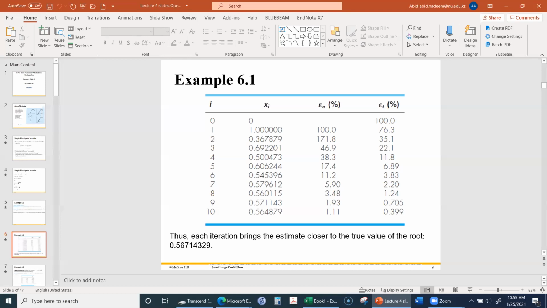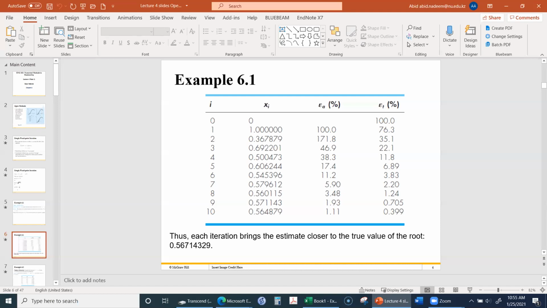Also, when we are using the simple fixed point iteration method, our initial guess should be chosen by looking at the graph, as I understood, to make a better assumption. Yes.